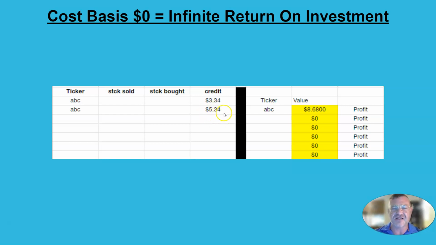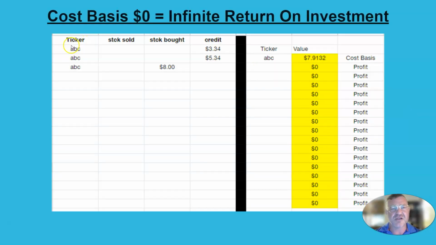Minus that 66 cent commission, you pocket $5.34 on the second time you sold the cash secured put option, which means now you've taken in a total of $8.68 from ABC without owning the stock yet, just from selling promises.